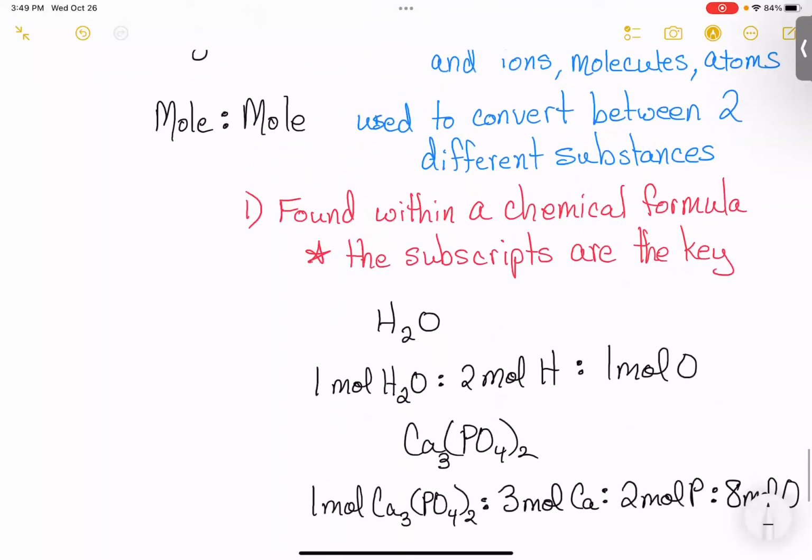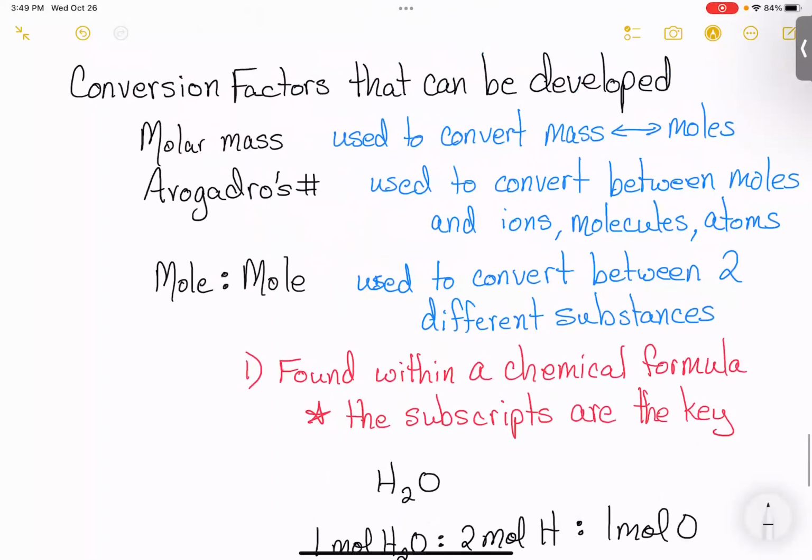So we are going to be using these conversion factors for the remainder of today and probably a little bit on Monday. So Monday's homework is going to have some of these calculations involved.